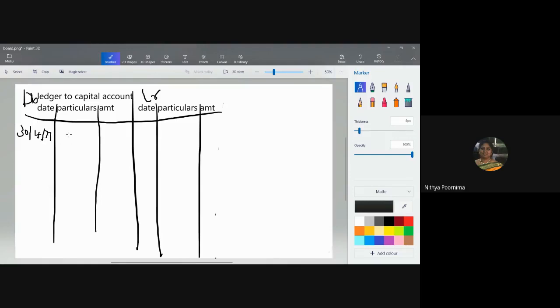So it is to balance brought down. Boys, this is to balance brought down, rupees 10,000. And here again, what was the transaction? By cash account. This is 10,000.